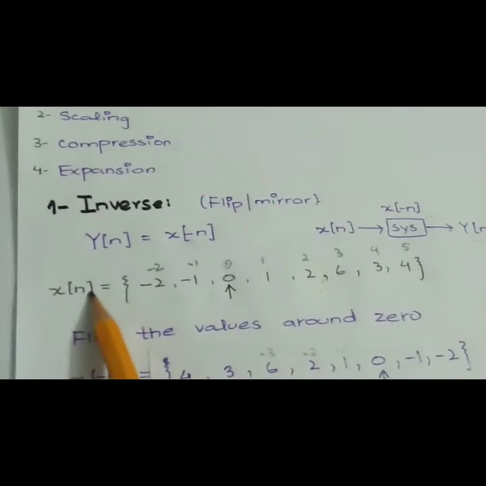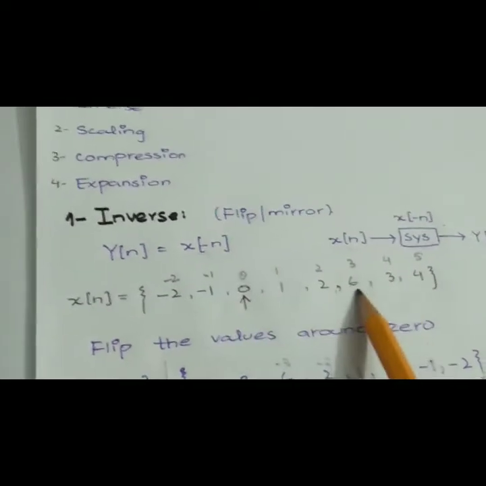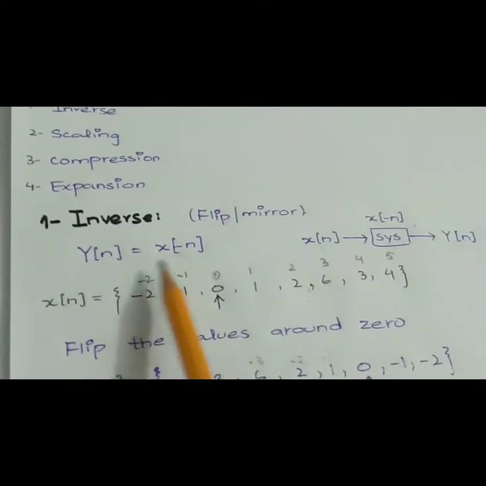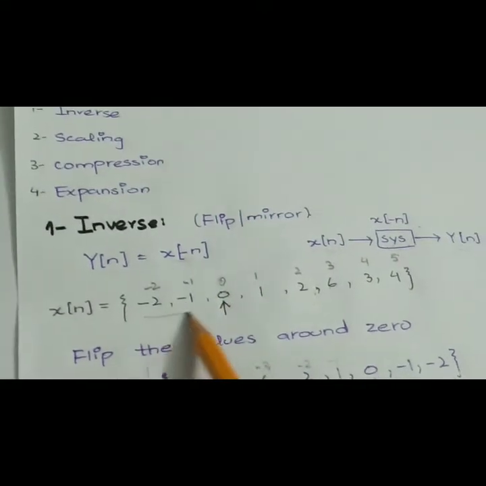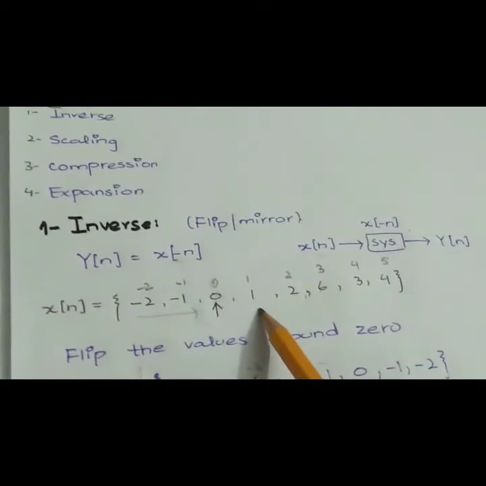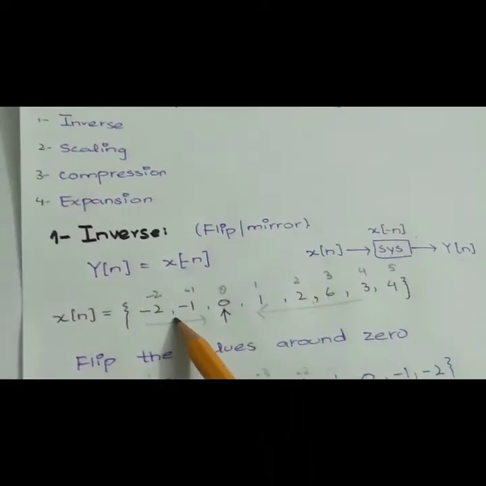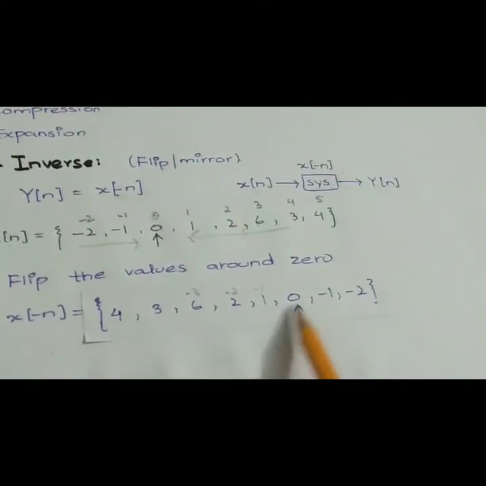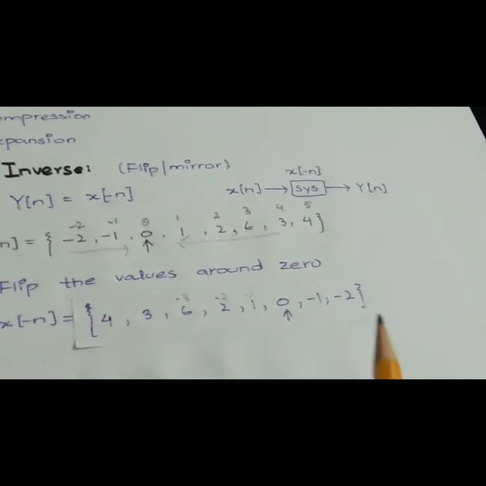For example, if we have x of n equal to minus 2, minus 1, 0, 1, 2, 6, 3 and 4, and we want to find the inverse, meaning we want to find x of minus n, then we will flip all these values toward the right side around 0 and all these values toward the left side around 0. Then our x of minus n will be 4, 3, 6, 2, 1, 0, minus 1, minus 2, and this represents our 0 index value.